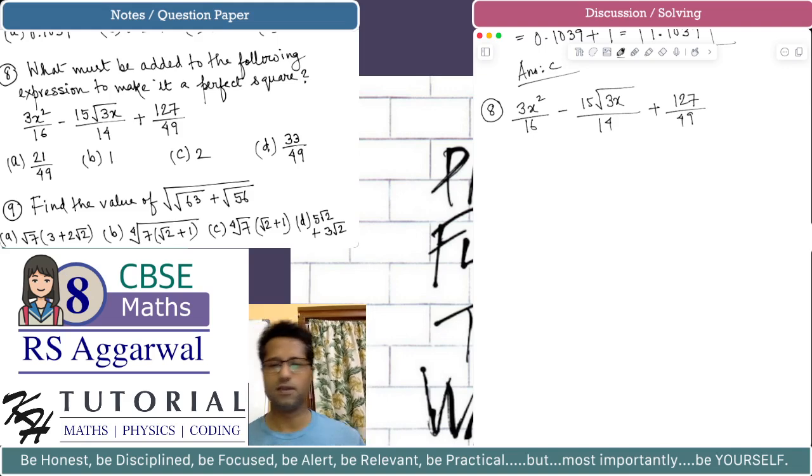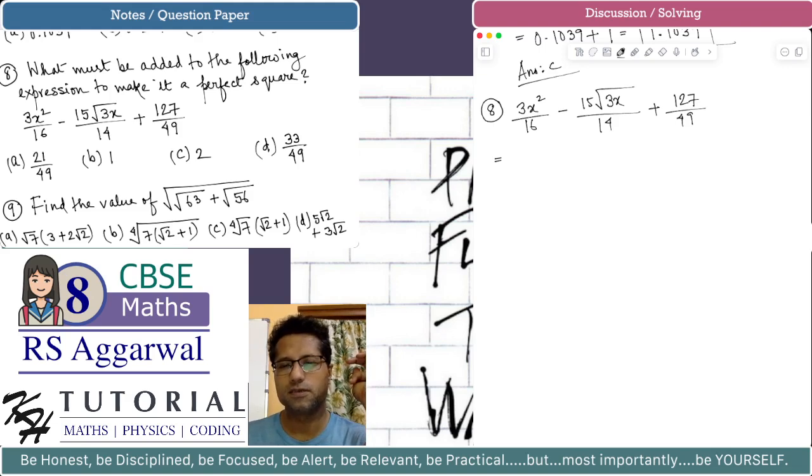Since this is an algebraic expression, we have to convert this in the form of a plus b whole square. Not a plus b, since we have the negative term, that is the minus 15 into root 3x by 14, clearly we have to form a minus b whole square.